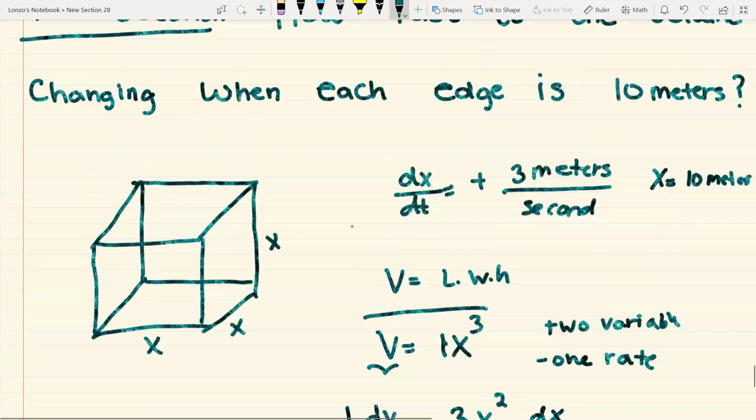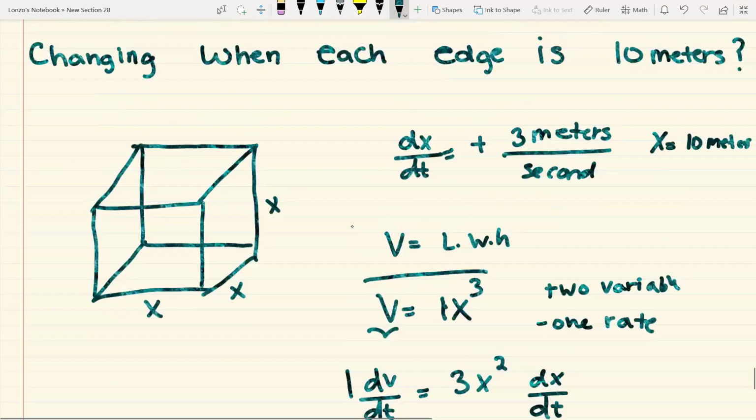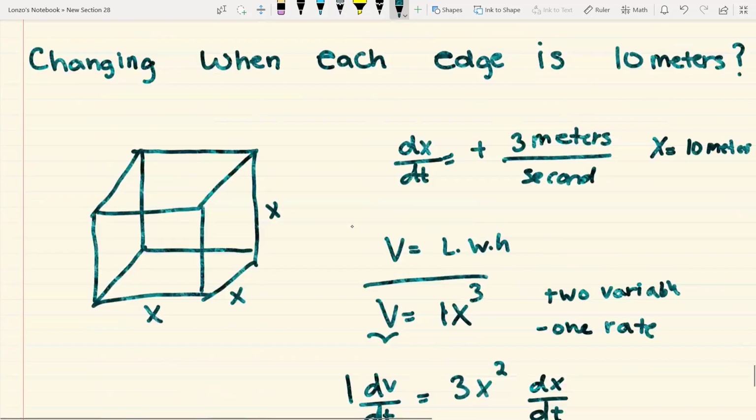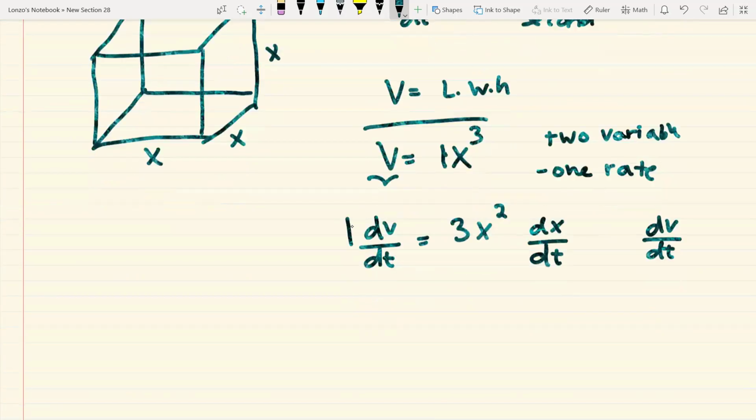We are given dx/dt, and we're asked how fast the volume is changing, so we're going to solve for dV/dt. It's kind of solved already. We have the left side 1 times dV/dt, so you don't have to get rid of anything. So dV/dt is equal to 3 times x squared times dx/dt.